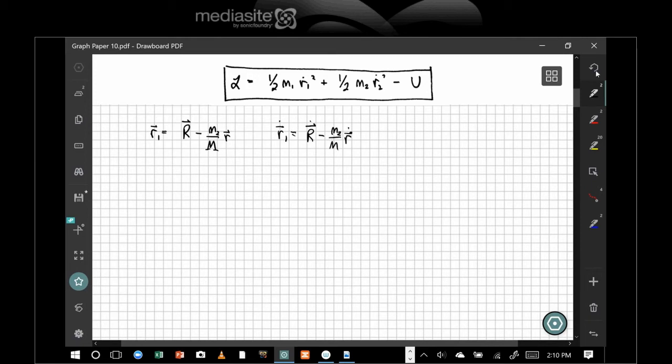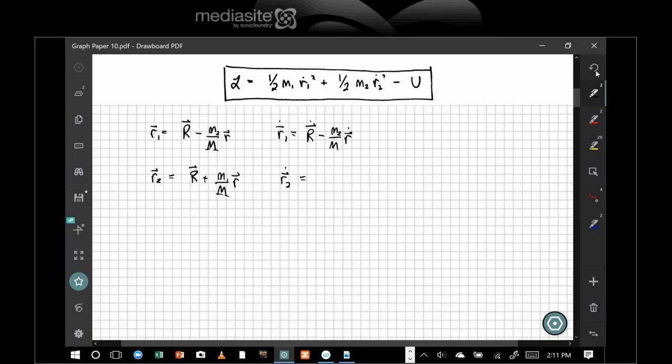I can also do the same thing for r2, just using those two equations and solving for r1 and r2. r2 is going to be equal to R plus m1 over the total mass times r. And then I can also easily get r2 dot. Then I'm going to take r1 dot and r2 dot and put them into the Lagrangian that's up above.